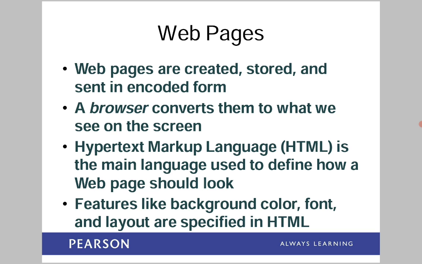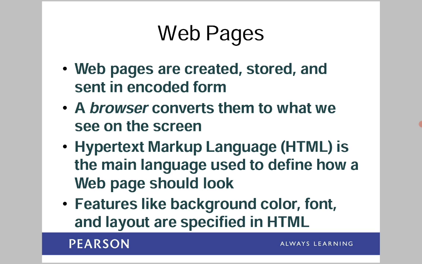So what is a browser? A browser is a small application that converts the HTML page into the corresponding output on the screen. So generally browsers display what we see on the screen when a web page is opened.